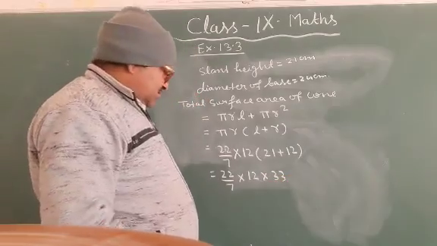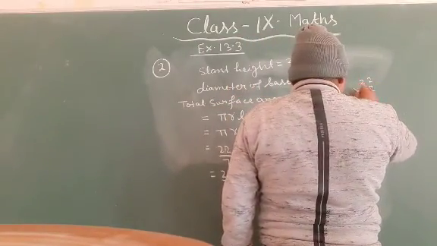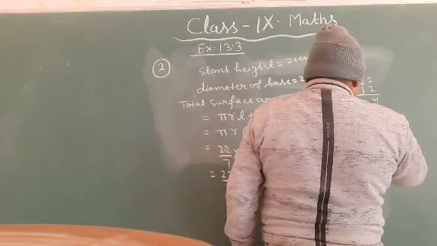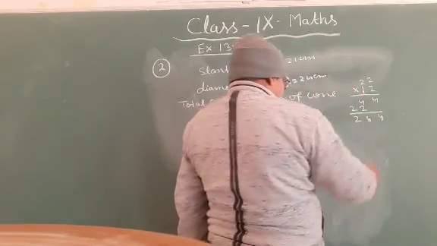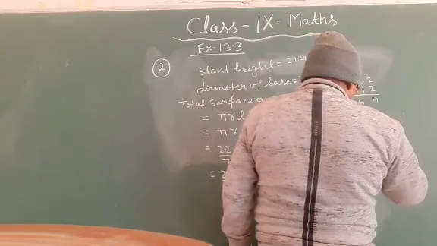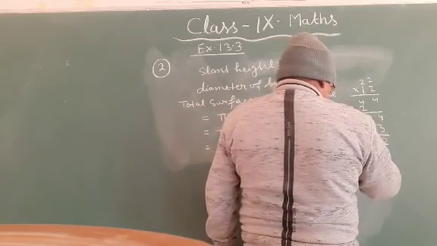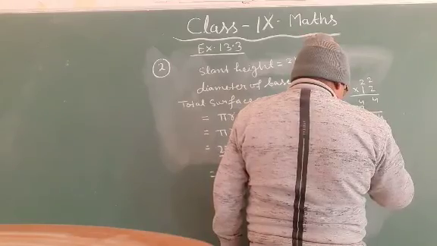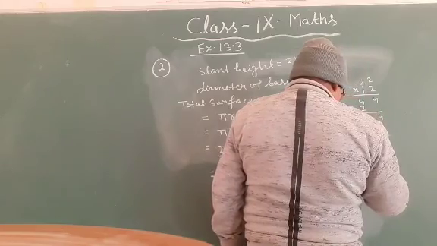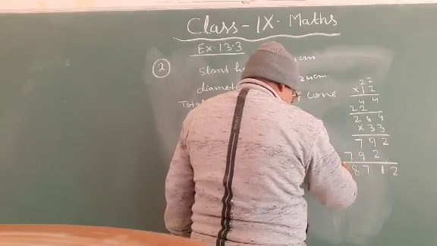Now we multiply to get the result. 22 multiply 12, then multiply by 33, and divided by 7.